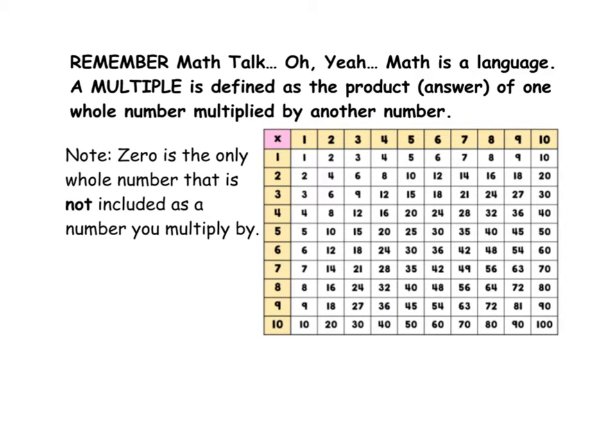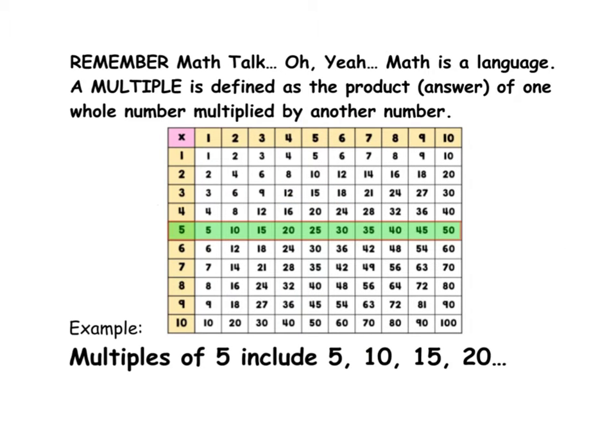Multiples do not include the number 0. 0 is the only whole number that is not included as a number you multiply by, and it's not on your multiplication chart either. If I look for multiples of 3, I start with 3, then 6, then 9, and so on.